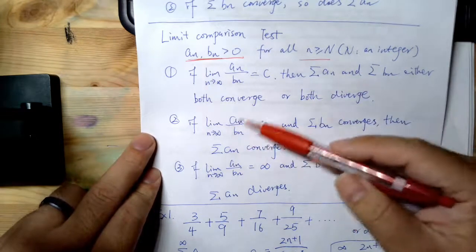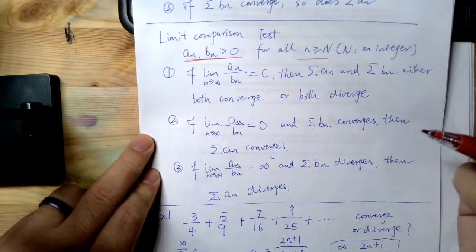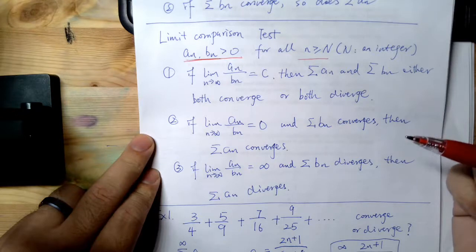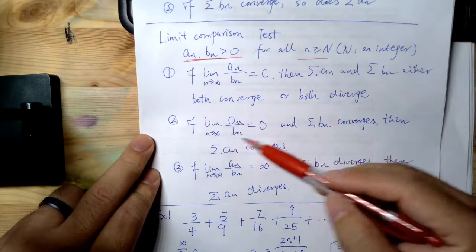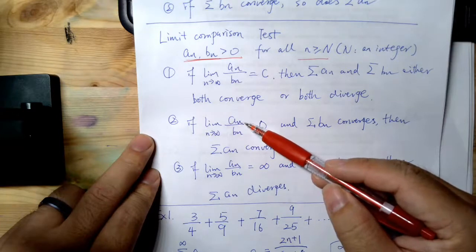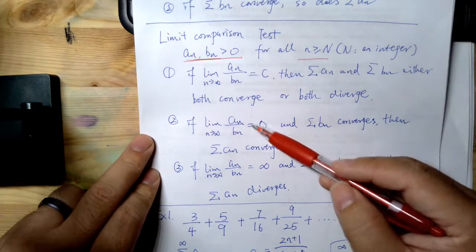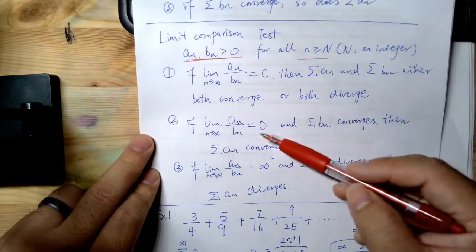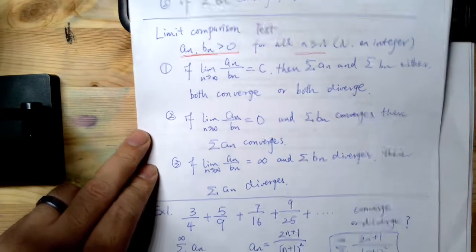This limit part gives you the idea that if b_n is already converging and this limit is also equal to 0, it's impossible for this series a_n to diverge, because if it diverged, this limit might not be 0.